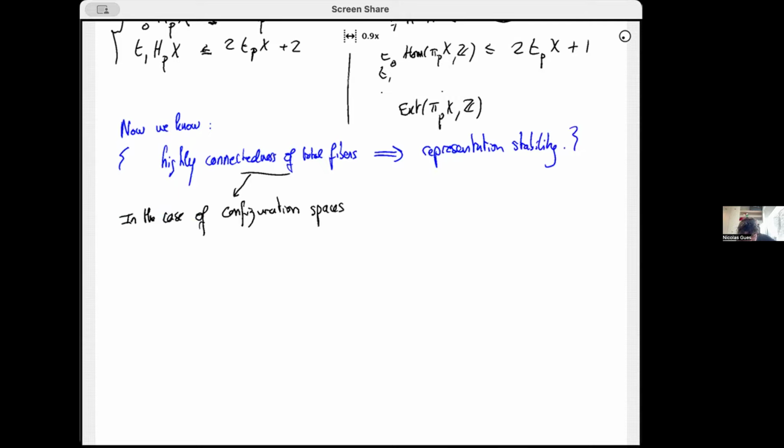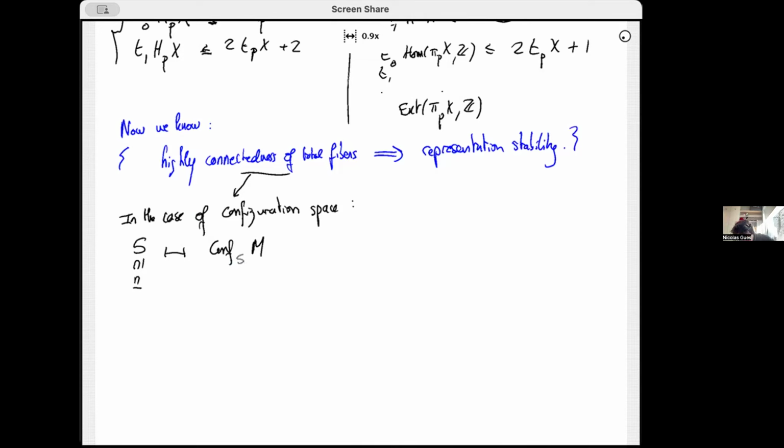this property amounts to the following fact. We want to prove that the cube, so the diagram that sends a finite subset of N to the configurations. Notice that the only maps I can define here are maps that forget points in the configurations.